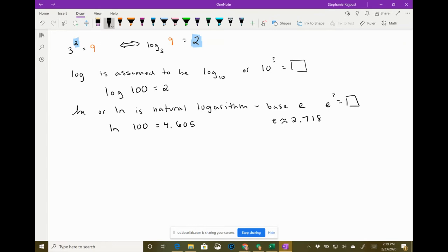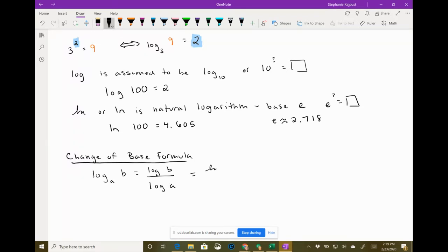Now, Mike, you asked, what happens when you have a different base, because those are the only two that we have calculator buttons for, and that's where we have what's called the change of base formula. So if you have some log base a of b, where a could be 3, 4, anything, this is equal to the log of b divided by the log of a.